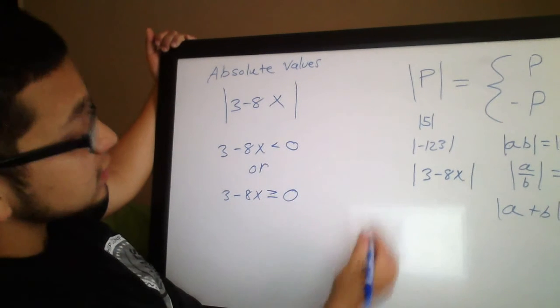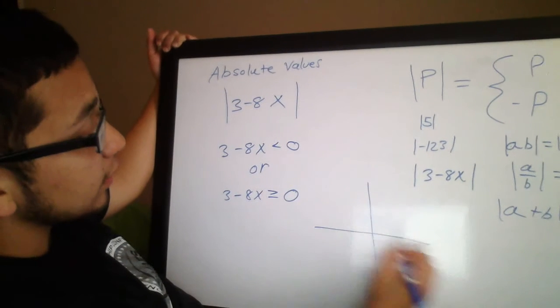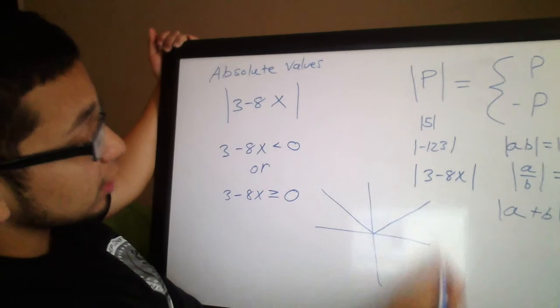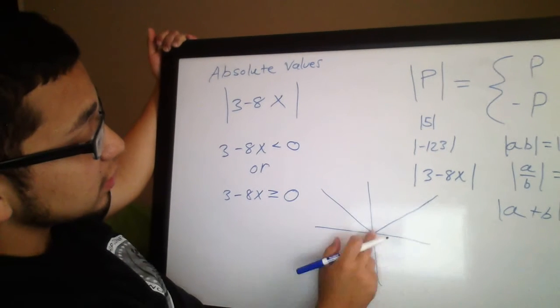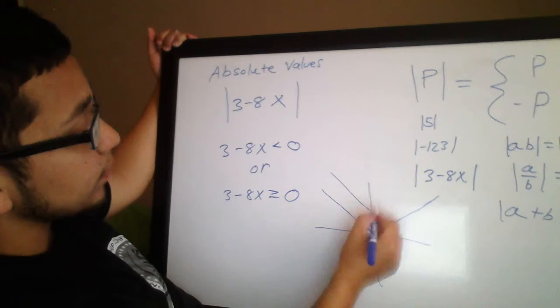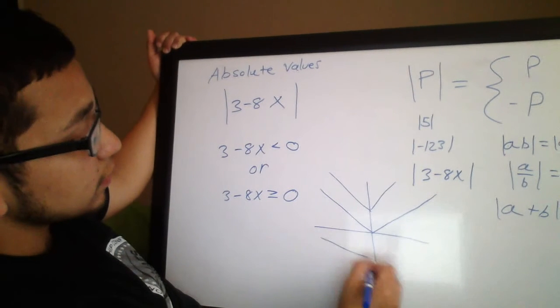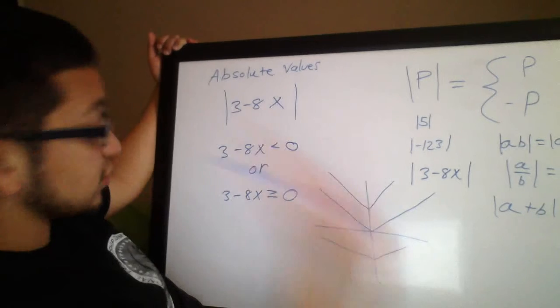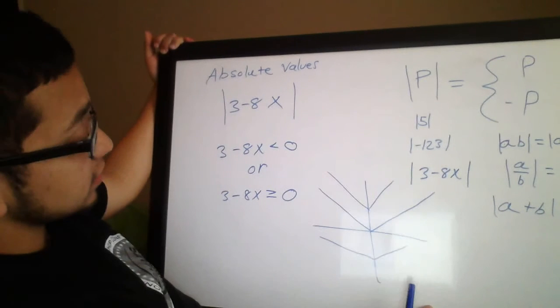Now why is this? Again, because our plot looks like this. It always looks like this. It can be shifted up, shifted down, shifted to the right, or not shifted to the right. It can be shifted up and down like this.